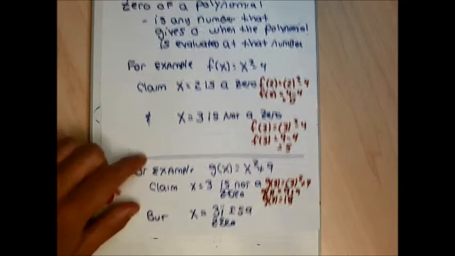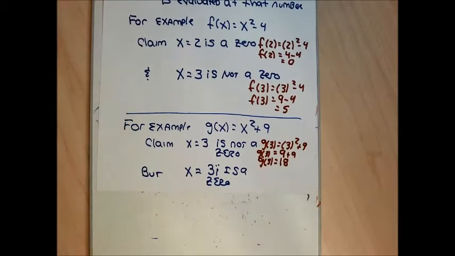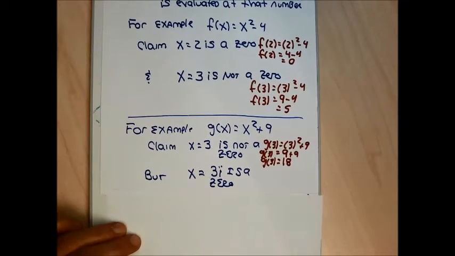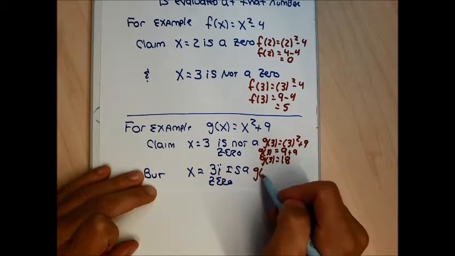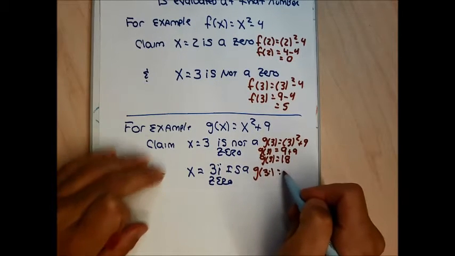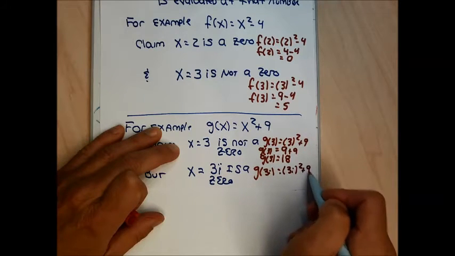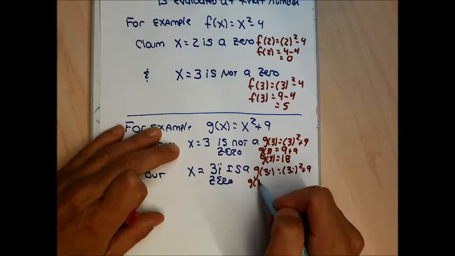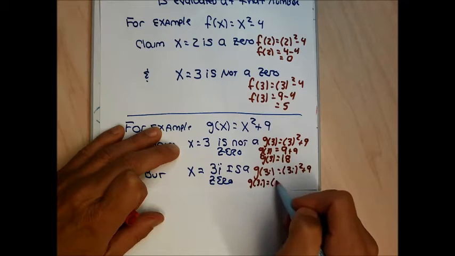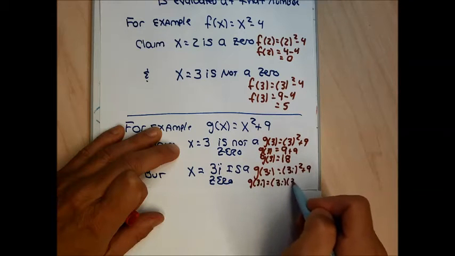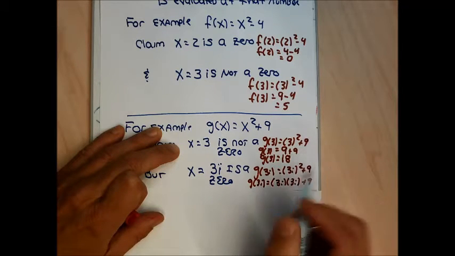do g of 3i, I'd get g of 3i equals 3i squared plus 9. That's going to give me g of 3i equals 3i times 3i plus 9.